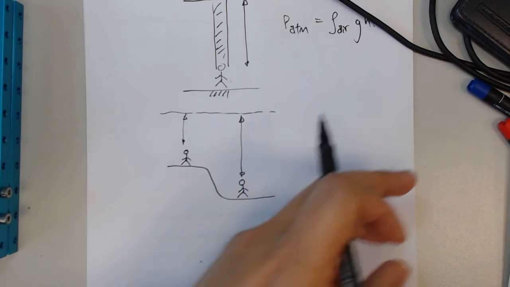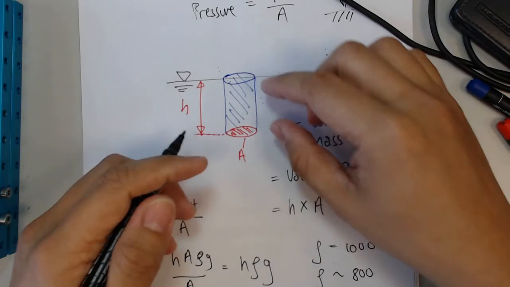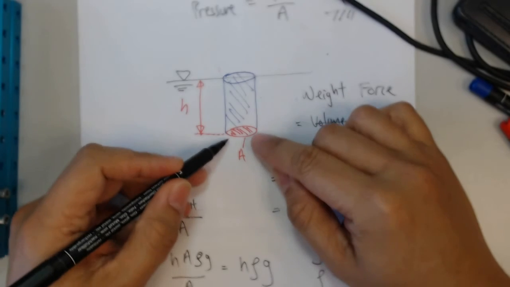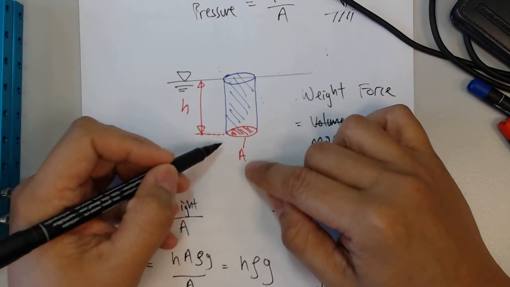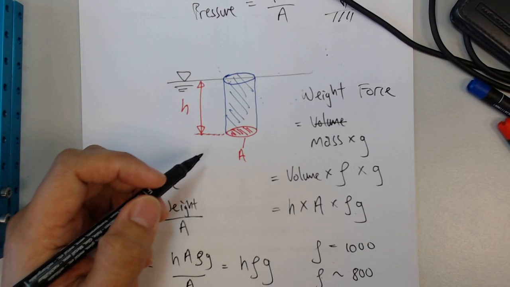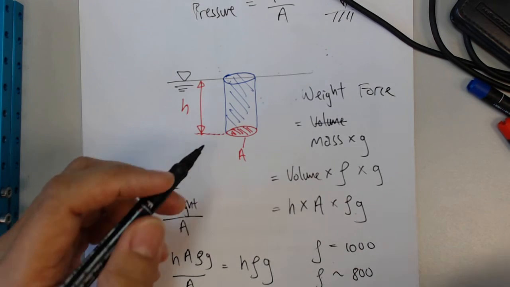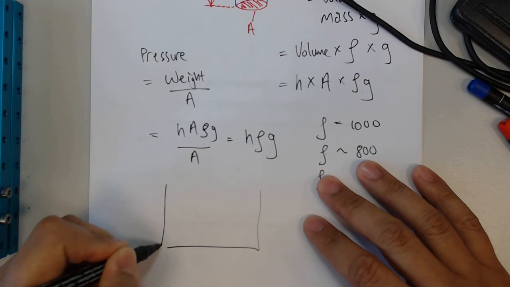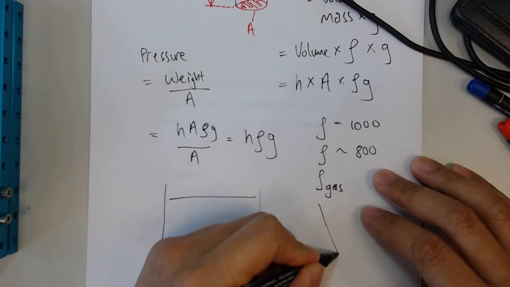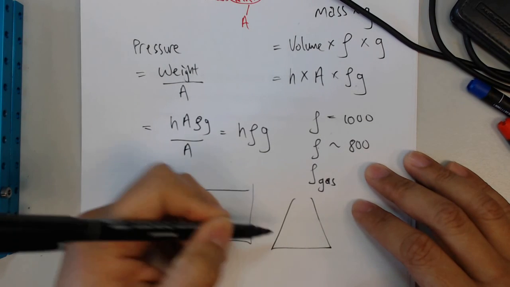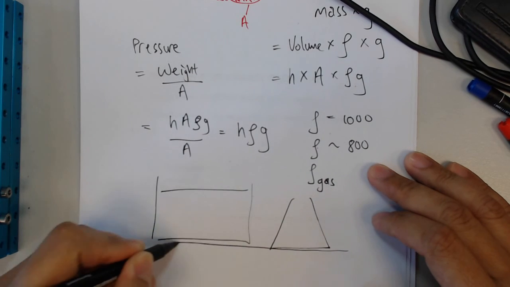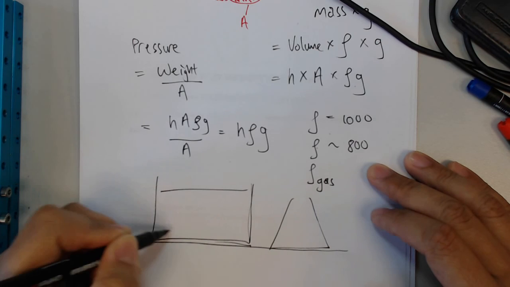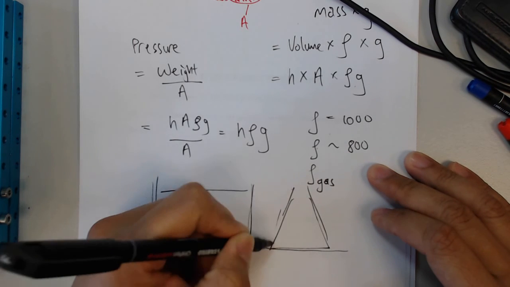So back to this picture, right? The deeper your depth, the higher the hydrostatic pressure. And it really doesn't matter how big the container is or what shape the container is, as long as it is at the same depth.